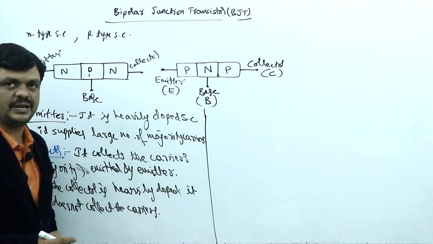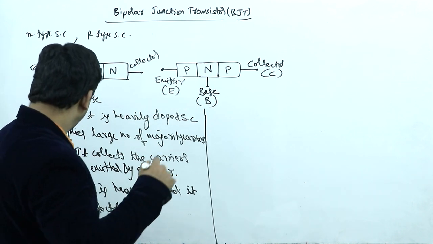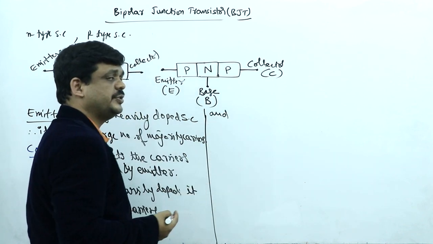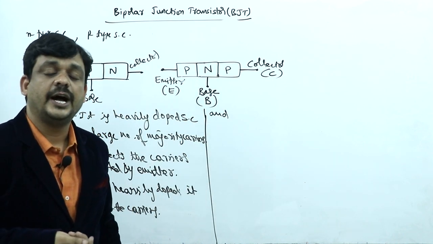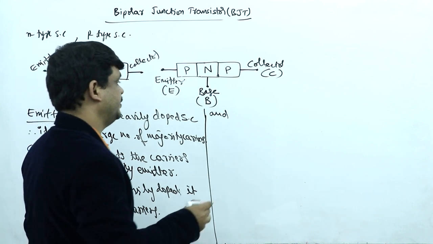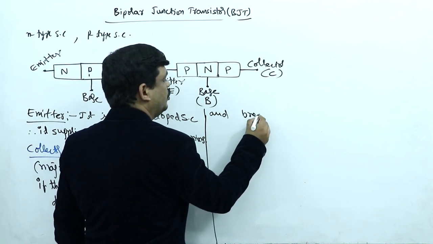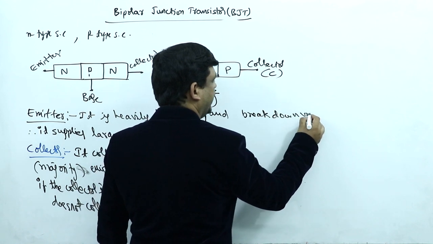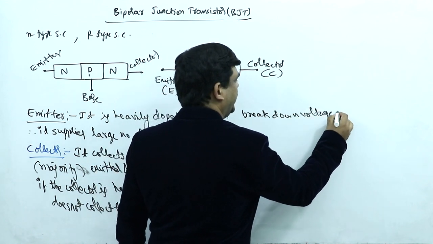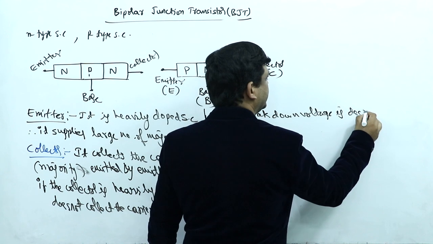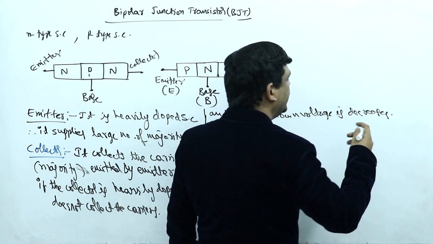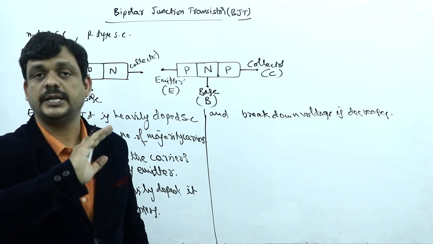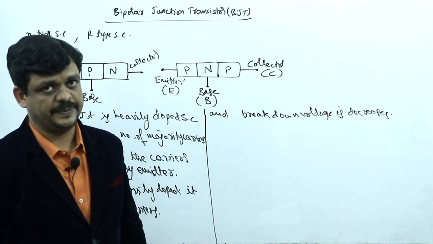This is one drawback. So that's why it is not highly doped. And another point also: if the doping level is very high, automatically breakdown voltage decreases. So these are the general limitations if it is highly doped. That's why the collector is not a highly doped semiconductor, right?